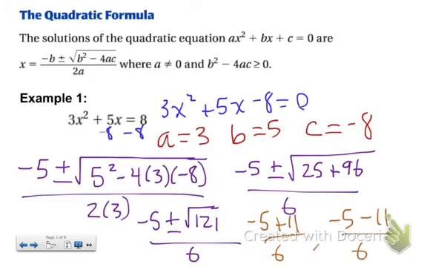Negative 5 plus 11 is positive 6. 6 over 6 is 1. Negative 5 minus 11 is negative 16 over 6, which simplifies to negative 8 over 3. And we can either leave it as a fraction or write it as decimal. But in this case, those would be our two solutions. So remember, if we were to graph, that's where it would cross the x-axis.